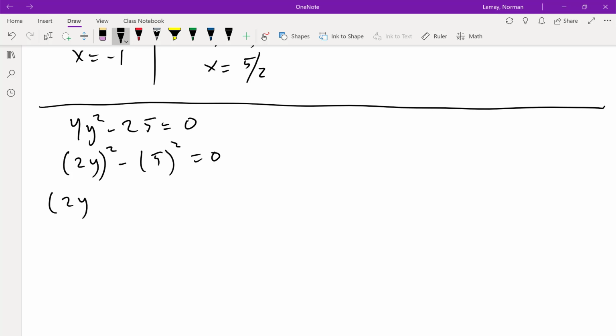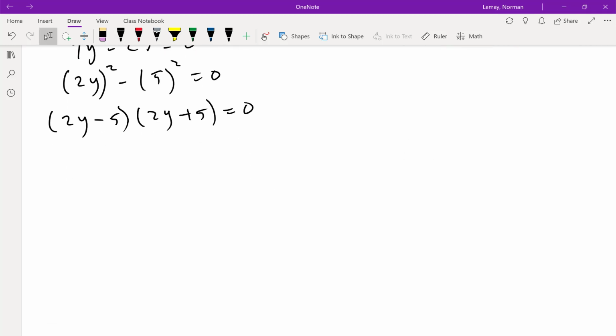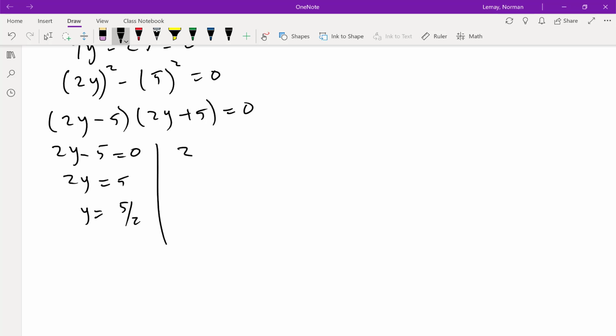So I get 2y minus 5 times 2y plus 5 equals 0. So I get 2y minus 5 equals 0, 2y equals 5, y equals 5 halves, and 2y plus 5 equals 0, 2y equals -5, y equals -5 halves.